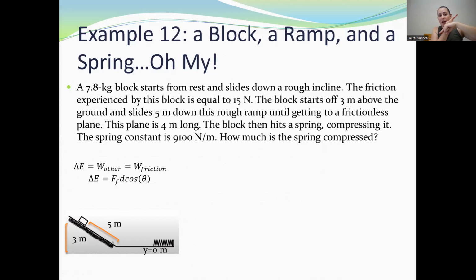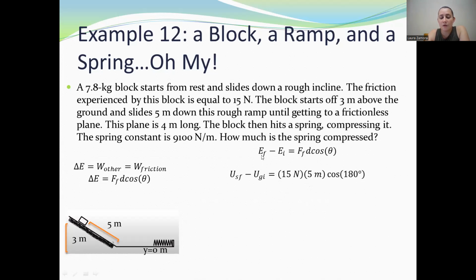So friction points up the ramp. And regardless of the angle of the ramp, those two things, the force and the displacement, are exactly opposite each other. So that's an angle of 180 degrees. So our change in energy here, final energy minus initial energy, equals the work done by friction.